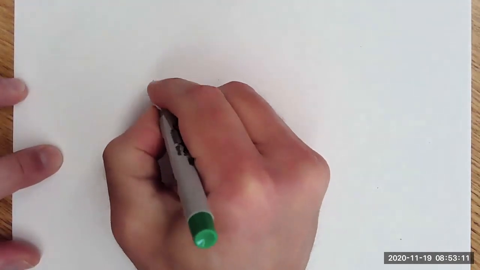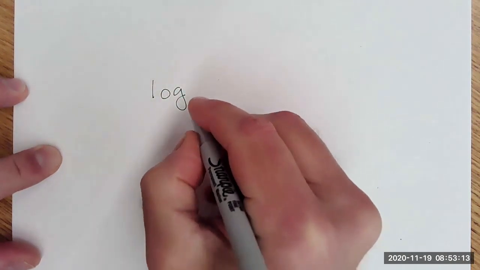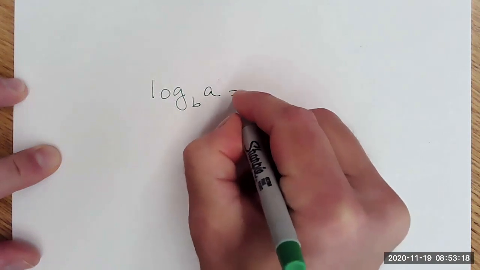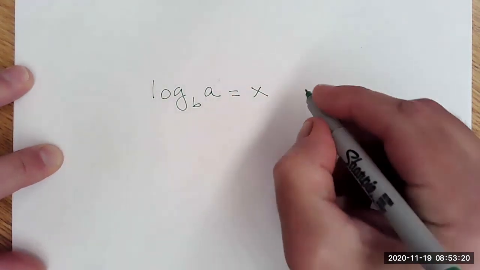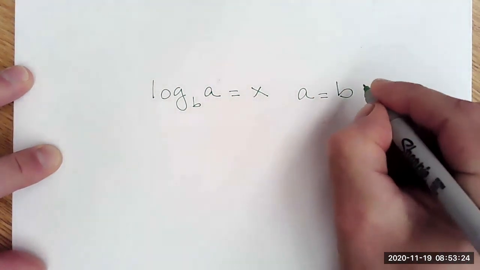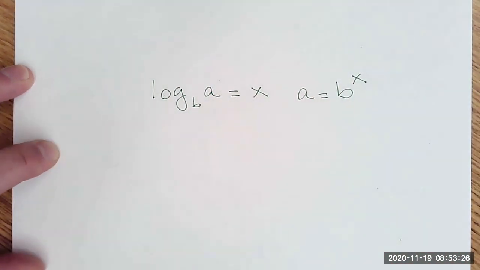It's always good to have these in your notes. The definition: log base b of an argument is equal to my exponent when the equivalent form is the argument is equal to the base raised to the exponent.